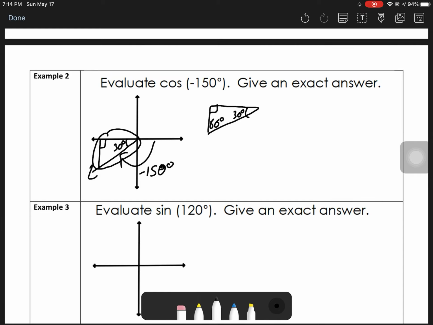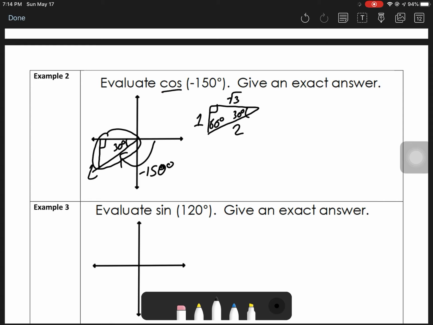If you remember earlier when we were talking about the special right triangles and we don't have given values, across from the 30 we assume it's a 1. And then we know the relationship between the short side and the hypotenuse is it's double, so 1 times 2 would give us 2, and then the long leg is times the square root of 3. So we have 1, 2, and square root of 3.